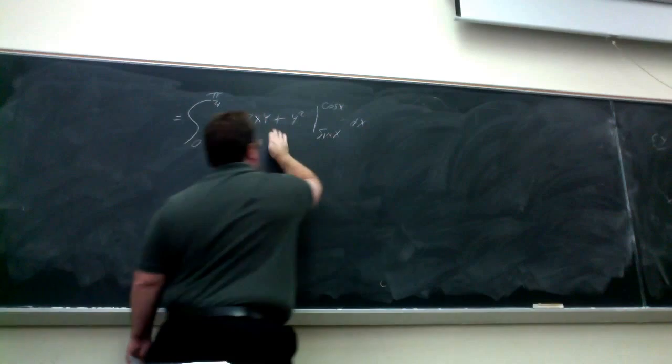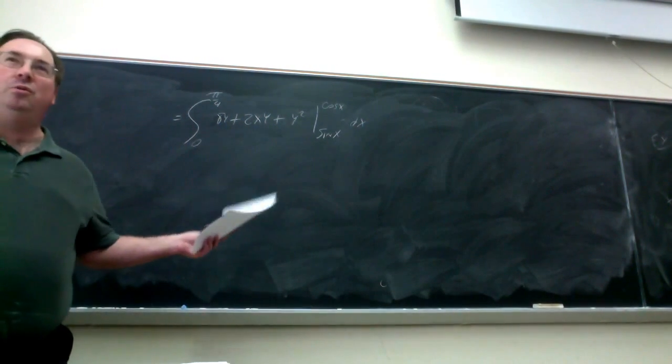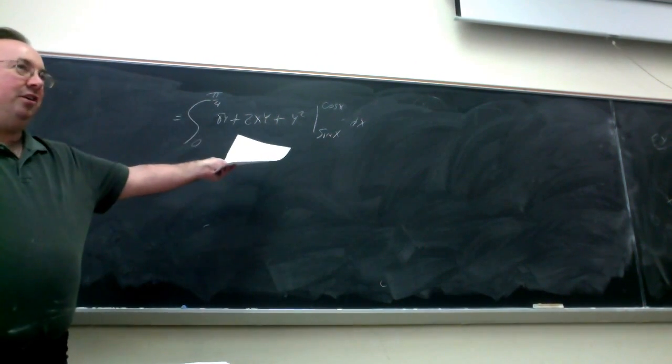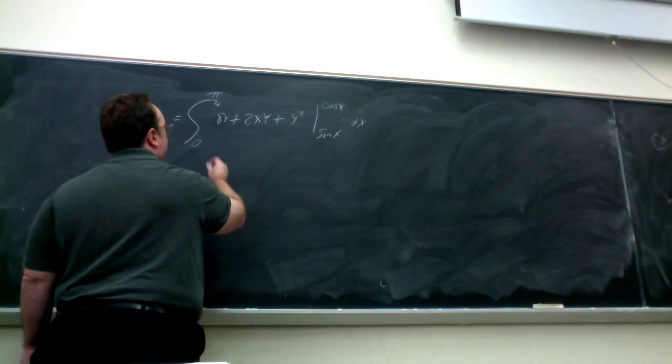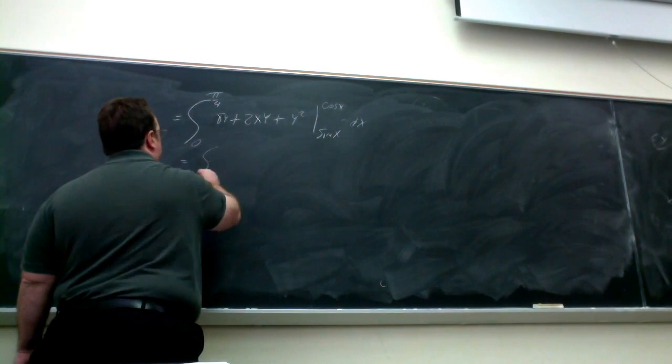Because when you're first carrying this out, you think, okay, this is a polynomial, this is easy, power rule. And this is where things get ugly, because these are the limits you have to plug in now. In this case, you're plugging them in for y.